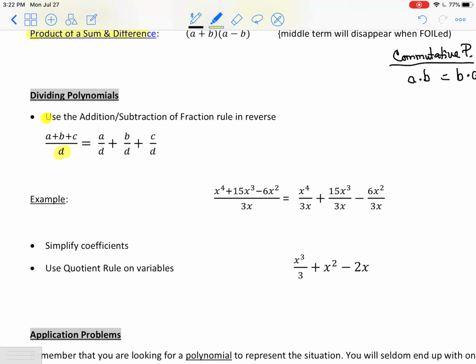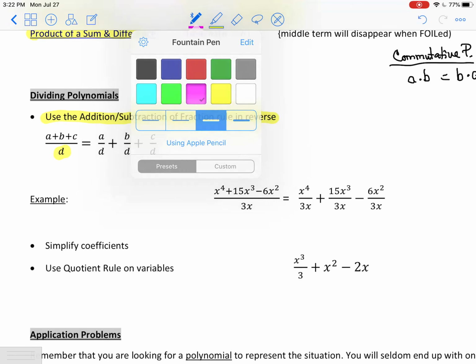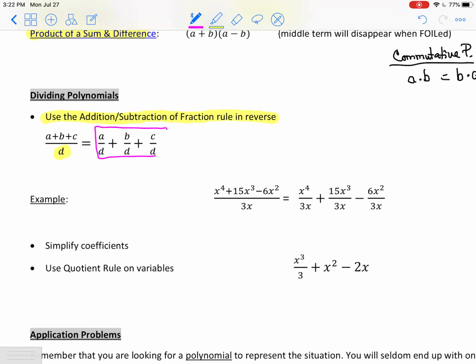One of the things I'd really like to point out to you guys is, let me just get rid of some of this so we can make a little room, that when we're dividing polynomials, I'd like you guys to think of your addition and subtraction of fraction rules, and we're just going to be thinking of that in reverse. So if we were initially given a problem like this here, in our Unit 2, if any of you did the review unit in our fractions, we know that we have to have a common denominator in order to add fractions, right?